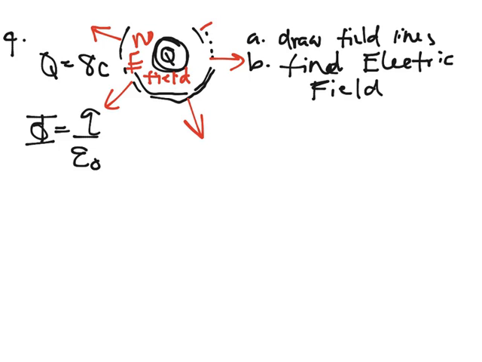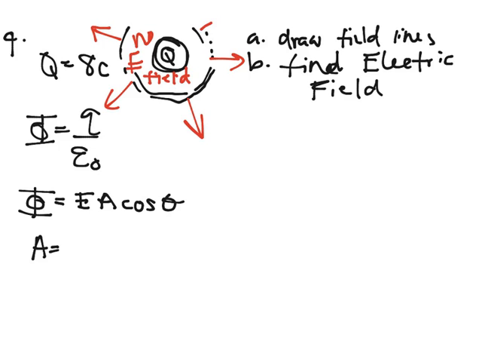To find the electric field, well, there's no clear way directly. But we can, however, find the flux using this equation. If we find the flux, we can then go back and use this equation to find the electric field. So this is actually what we're going to do.